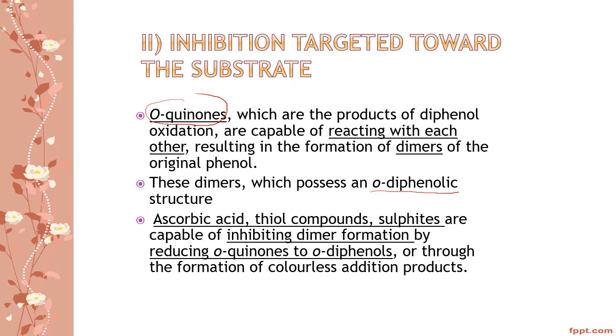In order to inhibit the conversion of O-quinone to the O-diphenolic, you can use ascorbic acid, thiol compound, or sulfide. This type of compound can inhibit dimer formation from orthoquinones to orthodiphenolic, and or through the formation of colorless addition products.